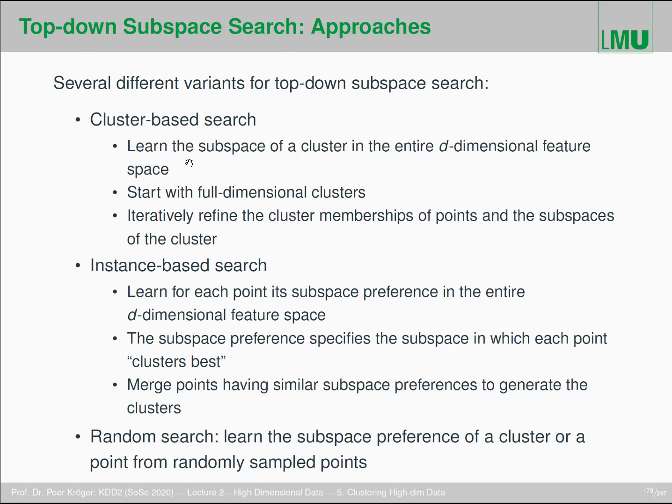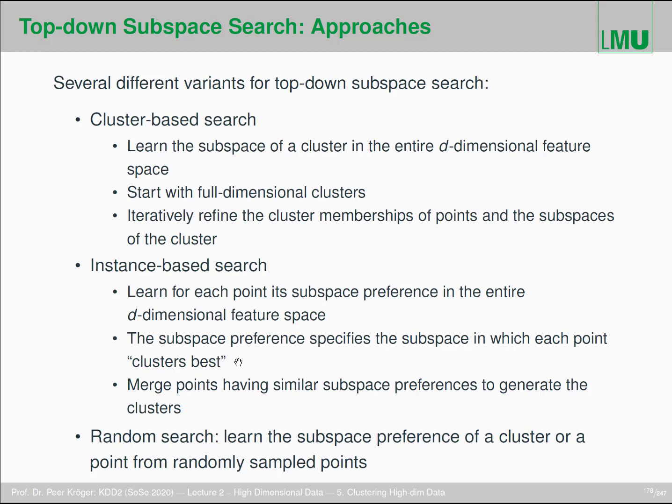So this is the cluster-based approach, meaning that you try to learn the subspace of an entire cluster. The instance-based approach, on the other hand, is that you try to learn for each individual point that subspace in which this point can be clustered best. We call that the subspace preference, and you also try to learn that in the entire feature space. That's why it is top down. You always start in the entire full dimensional d-dimensional feature space and try to find those projections, those subspaces where the cluster or the points can be accommodated best.